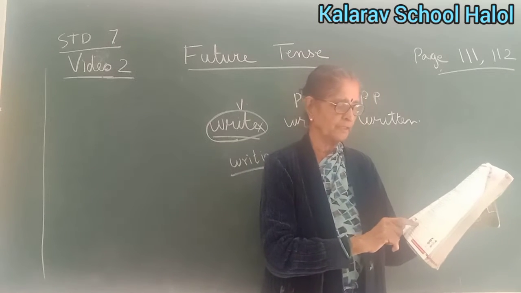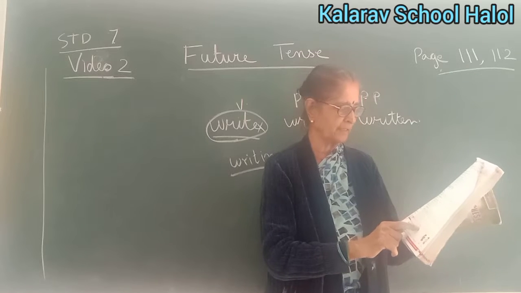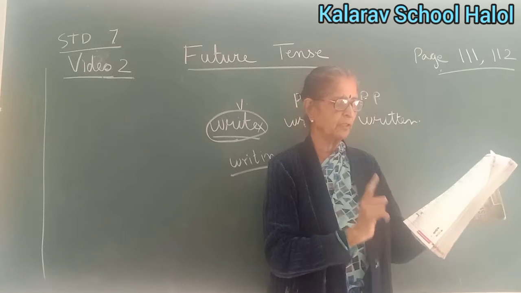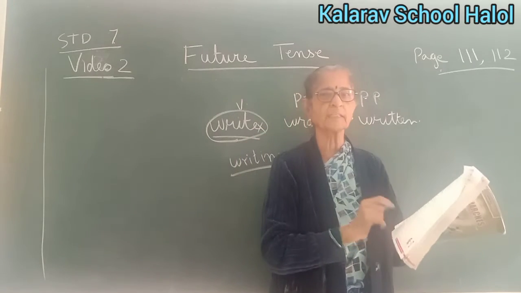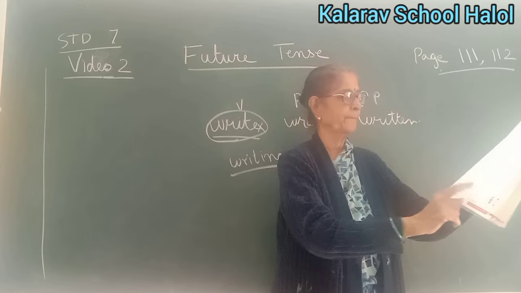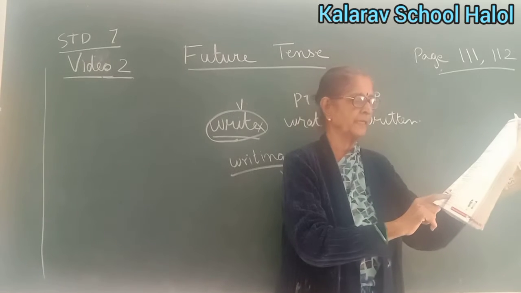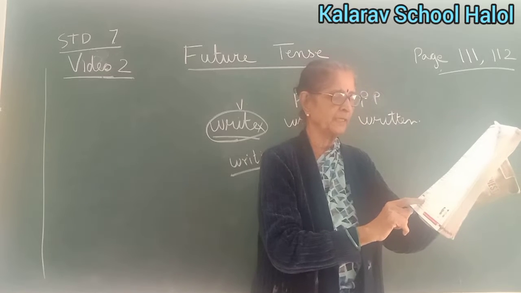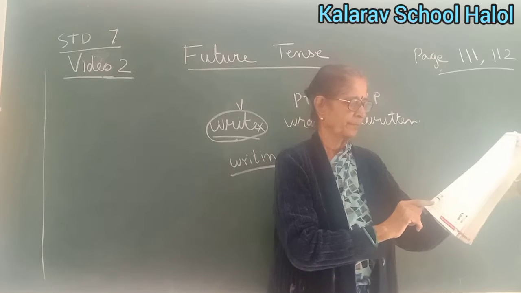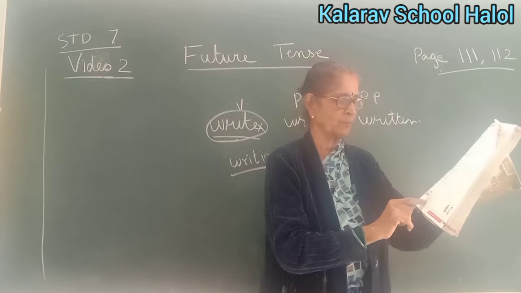Now rewrite the following sentences as per the guidelines given in brackets. Now children, here you put 3 stars, I'll be asking you this in exam. Neha will join the English Academy soon. Future continuous: Neha will be joining the English Academy soon. Then I will give you my textbook by next week.